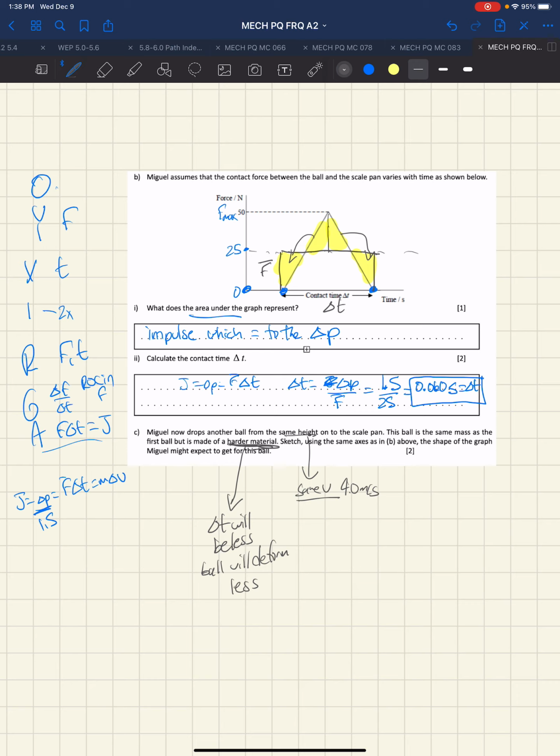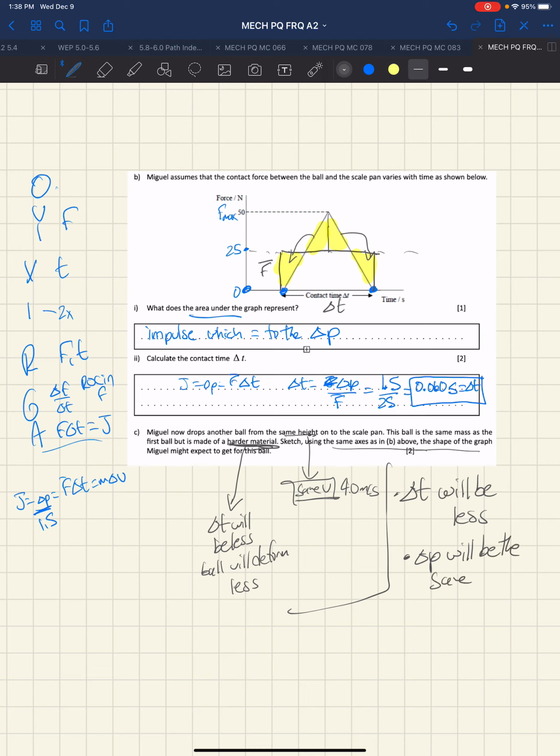So on the graph above, sketch the shape of the graph. So here's what we want to say. Delta t will be less. And we know that because the velocity is the same, the change in momentum must be the same. The delta p will be the same.